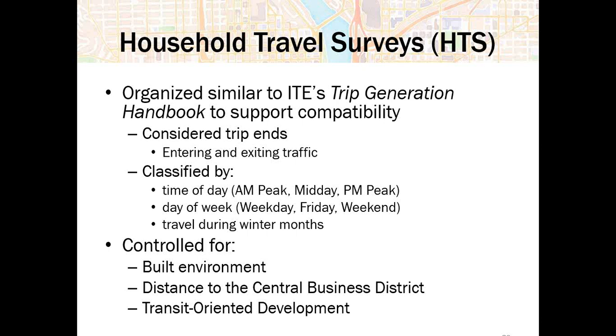I also included an indicator for whether or not that location fell within a half mile of a transit-oriented development, to control for whether or not that area had access to light rail. And then I looked at how far that location was from the central business district, as a very crude way of controlling for regional accessibility of that location.